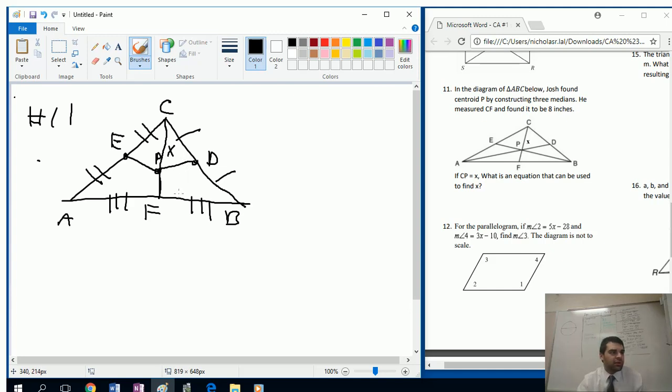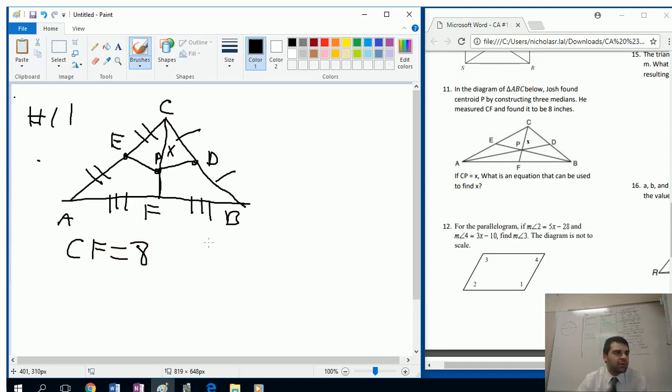So what do we know? We know that CP is x. And what can we use to find x? Well, we know that CF is 8. So CF is equal to 8.